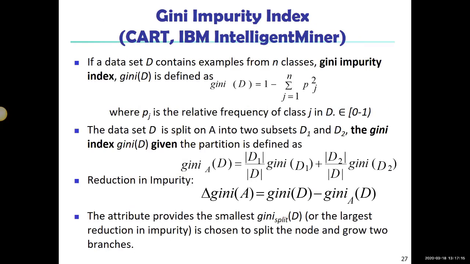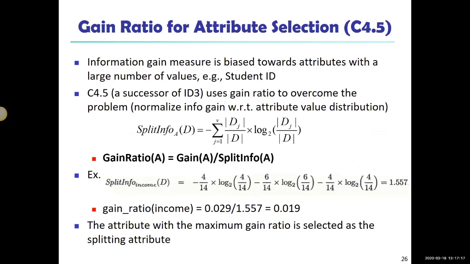Okay. Is the intuition that if you look at something like student ID and split based on student ID, your classes will be pure because each observation will have, say, one value of race, but that's not really a good way to make a decision? Right.